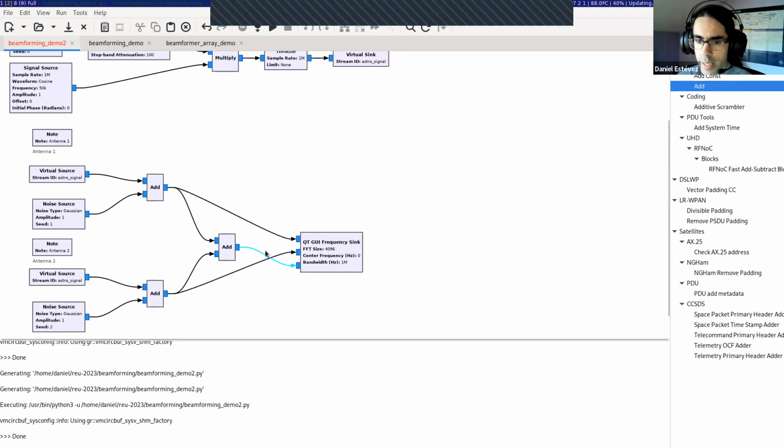And of course, both the signal and noise would increase in power by the same amount. But by doing this addition, we are increasing the signal power by 4, increasing the noise power by 2. So the signal to noise ratio gets increased by 4 divided by 2, which is 2.